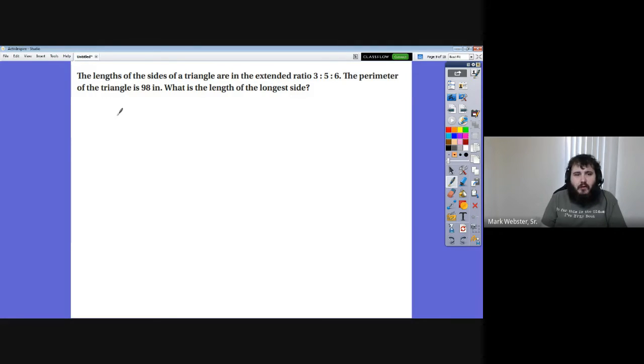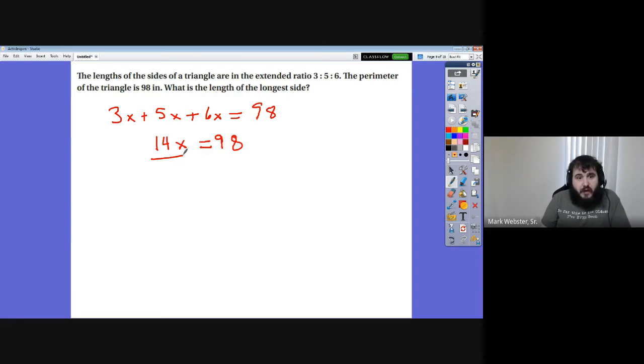So let's do that. 3 parts to 5 parts to 6 parts gives us 98, right? So I can go through, I can combine like terms. 8 and 6 is 14. Okay, so we got 14x equals 98.